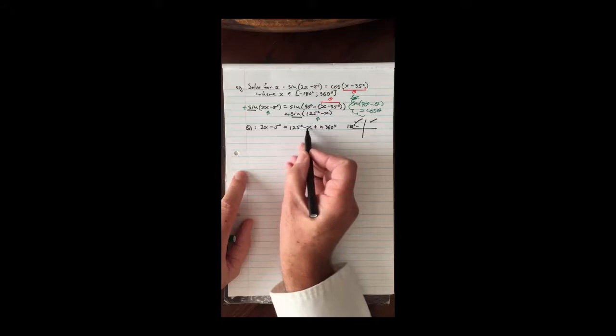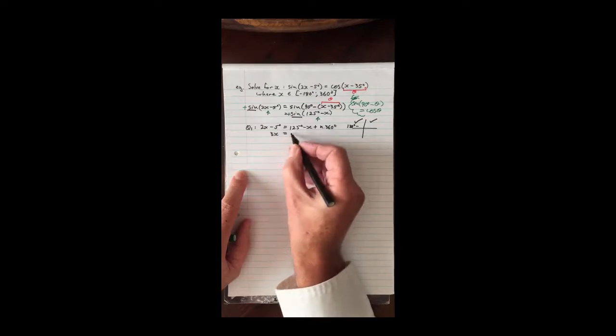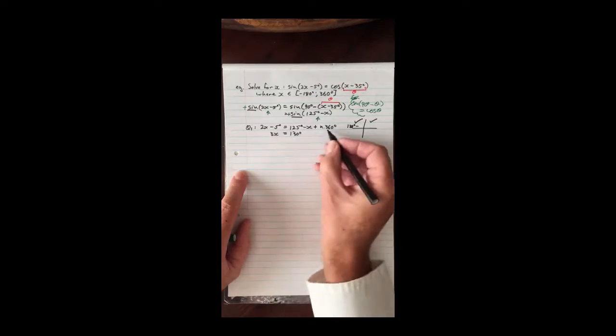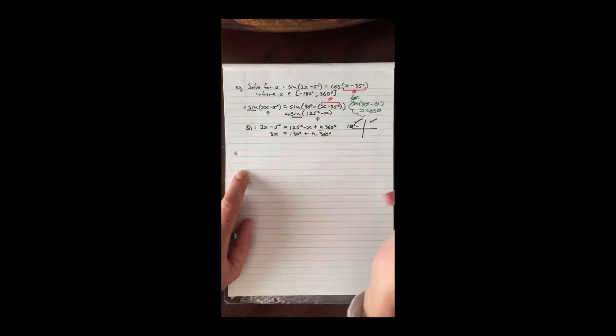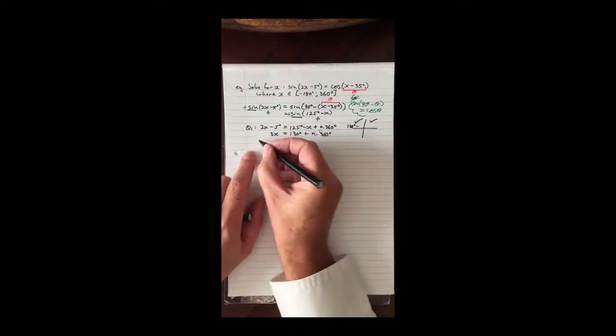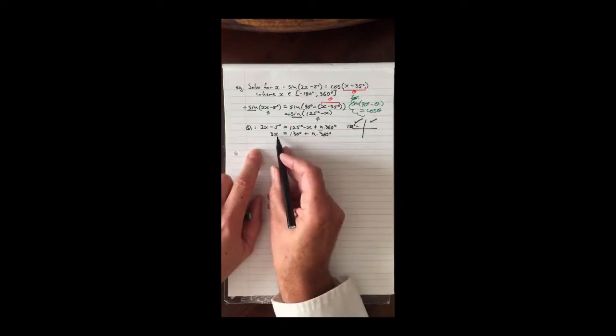Let's simplify this. The minus x goes to that side, becomes a 3x. The minus 5 goes over there, becomes plus. So we have 3x equals 130 plus my general solution. Now I need to divide by 3 so that I can isolate the x.